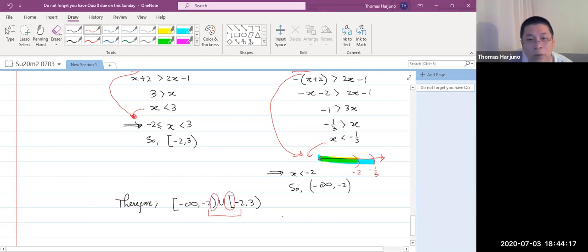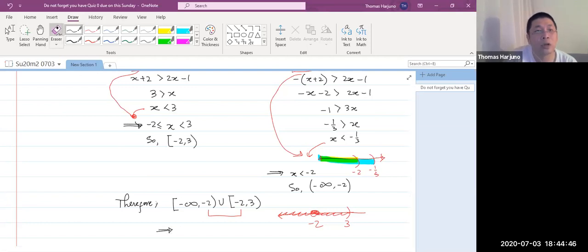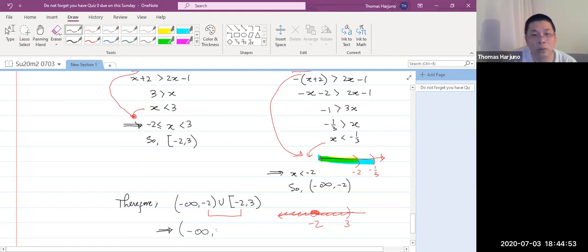One goes from -infinity up to -2, not including -2, and the second part includes -2 and goes to 3. So I can sew them together. See, I made a mistake there. I should not use a bracket here. That will be -infinity up to 3.